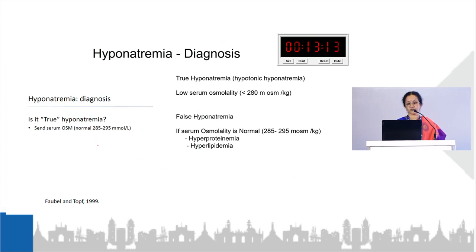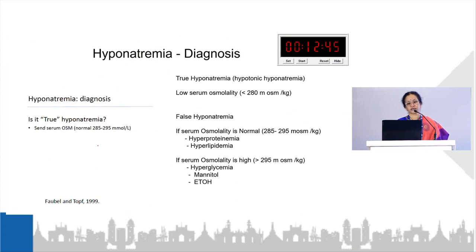Conditions like very high serum proteins and very high lipids are responsible for a spuriously low measurement of serum sodium, and here the osmolality is normal. When you have other unmeasured solutes like high glucose, mannitol, or alcohol, the serum osmolality is high and the sodium is spuriously low.